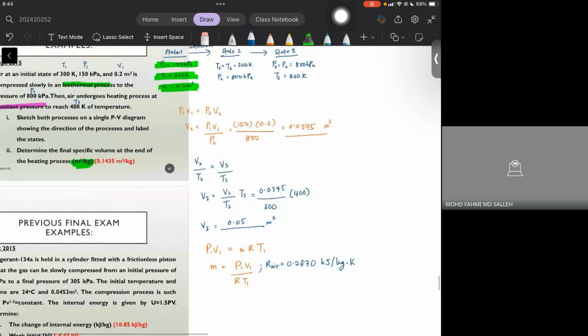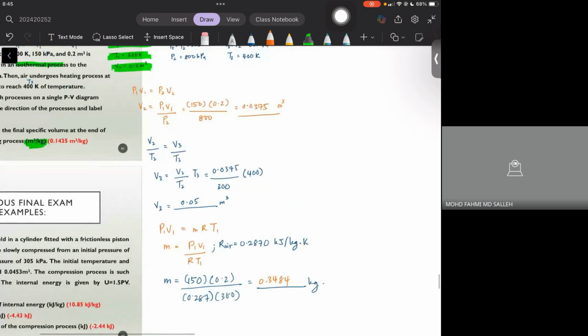You substitute all the data that we have, and for the mass, you're going to get the value of 0.3484 kilograms.